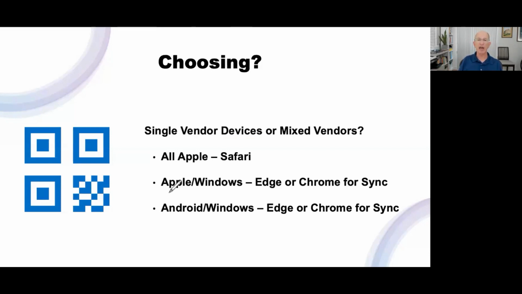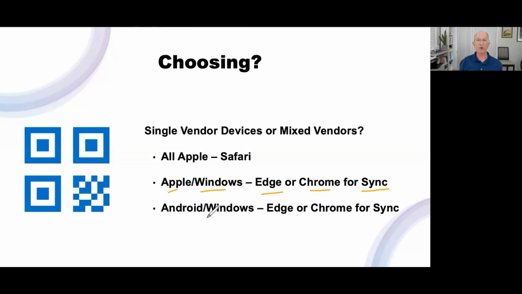But if you've got an Apple Windows mix, Edge or Chrome are both good. They're going to synchronize across your devices. So you can save your passwords, your favorites or bookmarks, and other things that will synchronize, and you can share information between devices quickly as well.